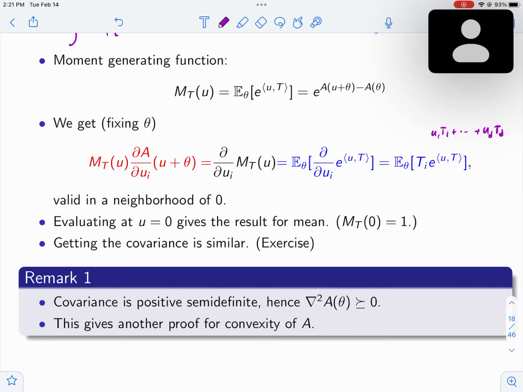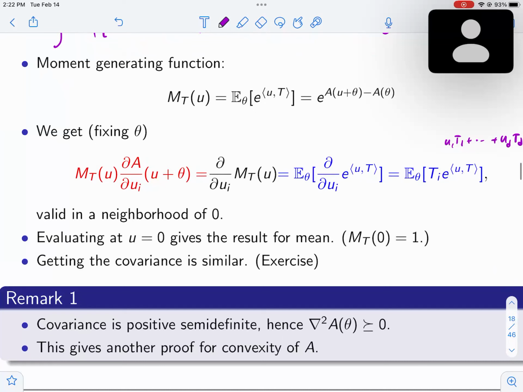And on the other side, I have the expression here, and I'm going to take the derivative of it. You can see that the partial derivative with respect to u_i would be what?